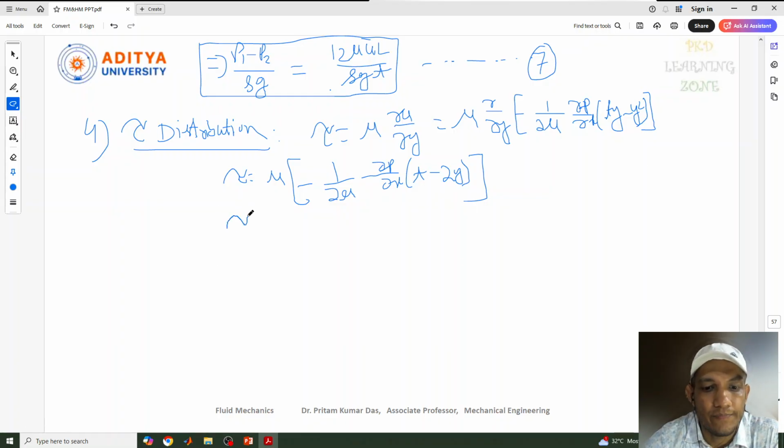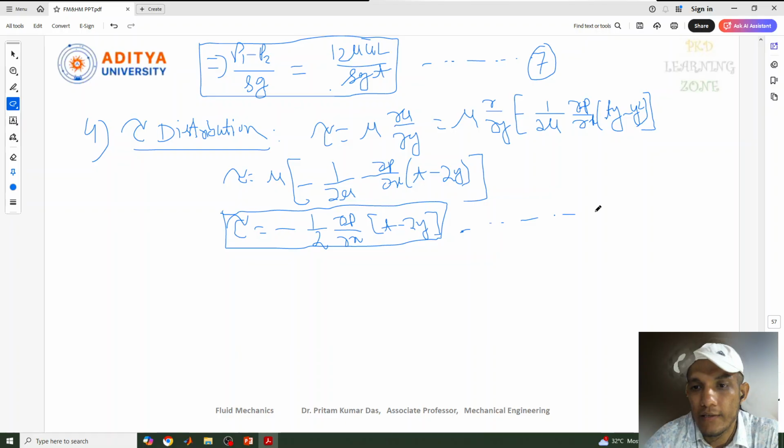And finally we can write tau equal to minus 1 by 2, mu is going to be cancelled, del p by del x, into (t minus 2y). This is the final equation, equation number 8. If you see all these terms, minus 1 by 2 del p by del x and t are all constant, and the shear stress is linear with the y value. So this is the shear stress distribution we need to consider.